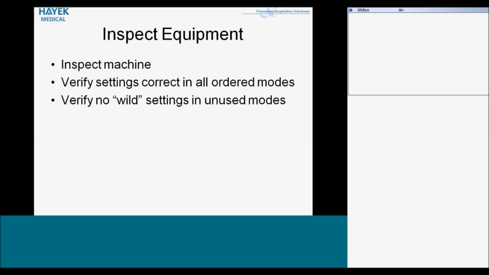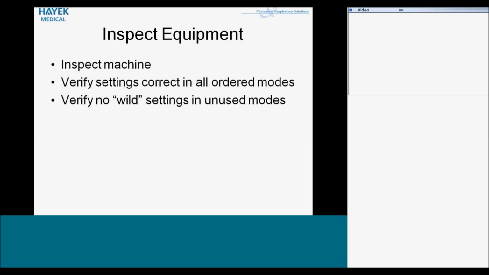We're going to do an equipment inspection. Make sure the machine is all together, there's nothing broken, all the supplies that are needed are there. Go through the settings on the machine in all modes and make sure that the settings are appropriate or aren't way out in left field, and that the settings in the modes that are supposed to be active are as ordered. And this one's on no wild settings. I mentioned it before.